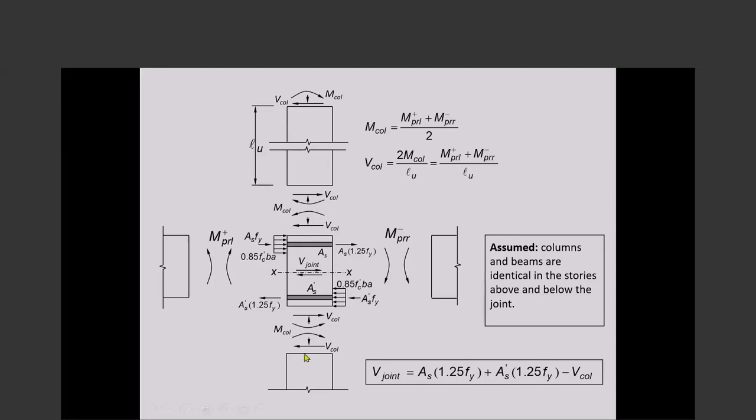So we calculate the column shear not based on M sub PR acting at the end of the column, but based on the bending moment that can be generated at the column end by the beams framing into the column. Okay, I hope that is clear.